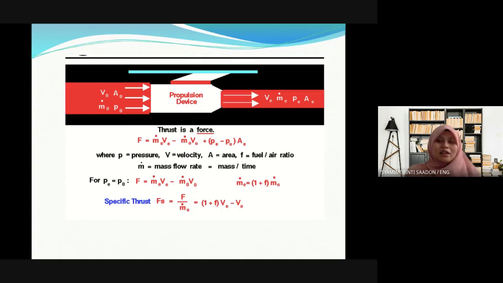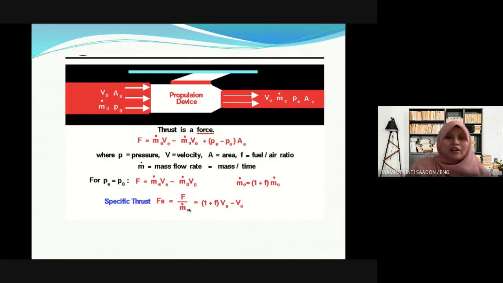Specific thrust, the second parameter, is how much thrust force is produced by a unit of air mass flow rate.